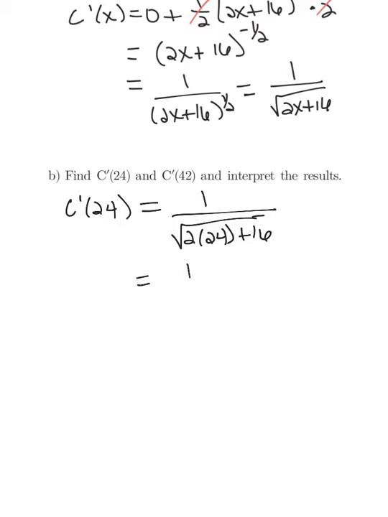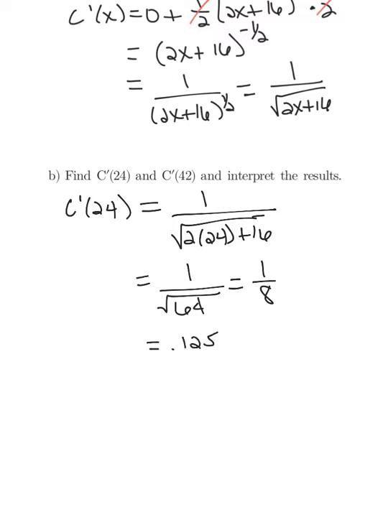That's going to give you 1 over the square root of 2 times 24 is 48, 48 plus 16 is 64. The square root of 64 is 8. So you get 1/8. Change that to a decimal.